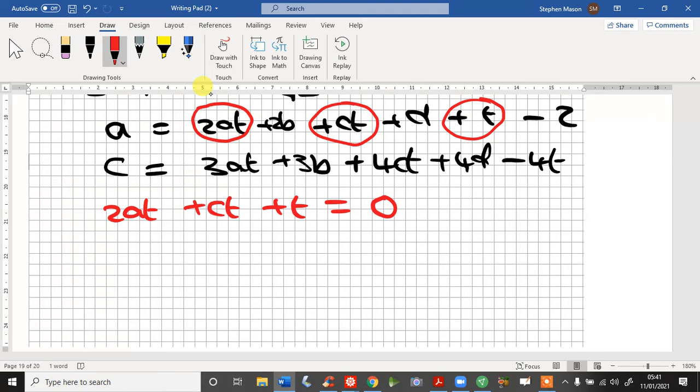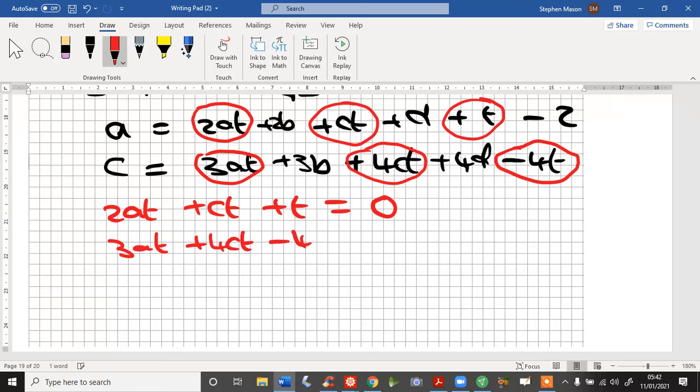And underneath, let's just ring that. These are all the t's again. So we've got 3at plus 4ct minus 4t, and that is also equal to 0 because there are no other t's around here, or any constants in terms of t.